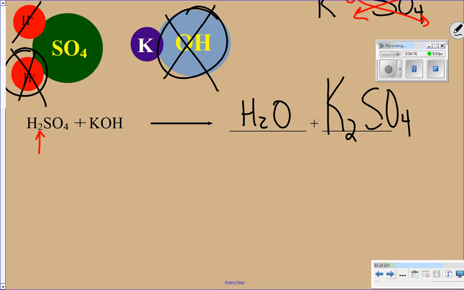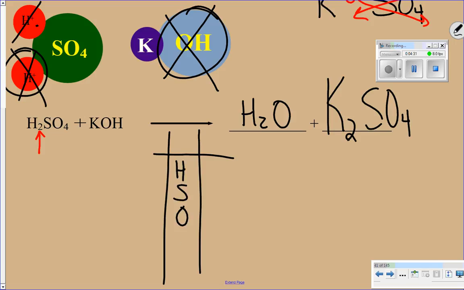So when we go to balance this, because really at this point we actually still have an excess H+ up here, and as you can see we have a 2 by the K that isn't really accounted for on the other side. So I'm going to set up a straight up balancing table, H, S, O, and K. On my left hand side I have 2 hydrogens right here, plus 1 hydrogen right here, giving me a total of 3.